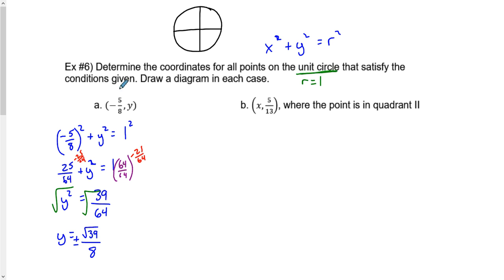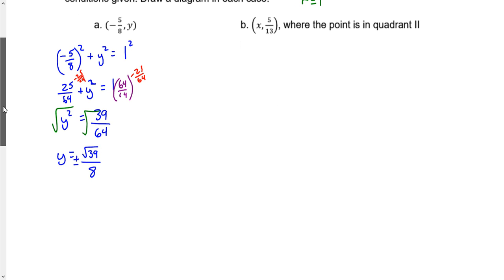When we take the square root, it has to be the positive and the negative. Because we're not dealing with just the situation with our unit circle where negative 5/8 is our x and square root of 39 over 8 is there.